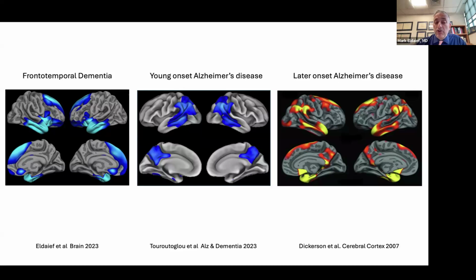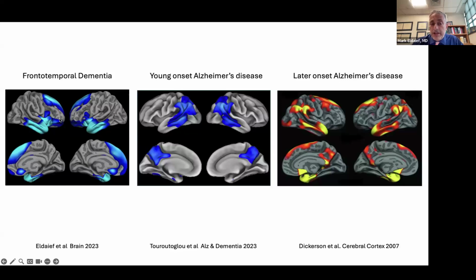You're comparing the thickness of the brain of all of those people to the thickness of the brain of people that we know don't have any dementia and have no neurodegeneration. And you get a map across the brain of what areas are most affected in the people that have the disease. For example, in frontotemporal dementia, these are the areas that are most affected. As the name implies, it's the frontal lobe of the brain.